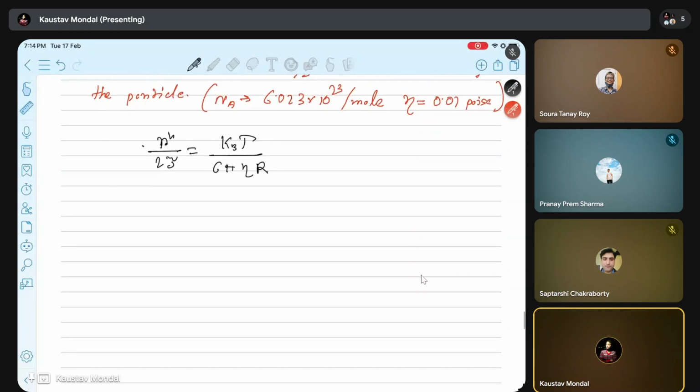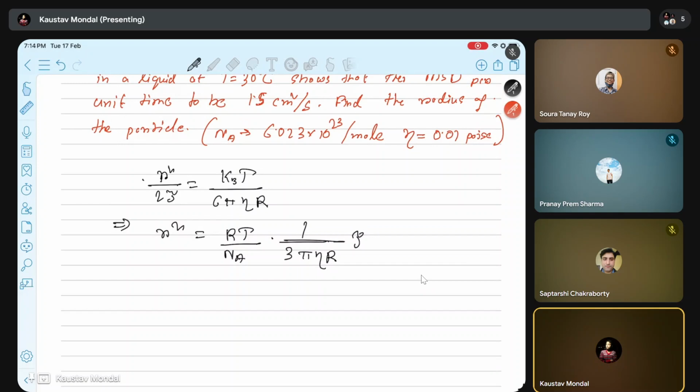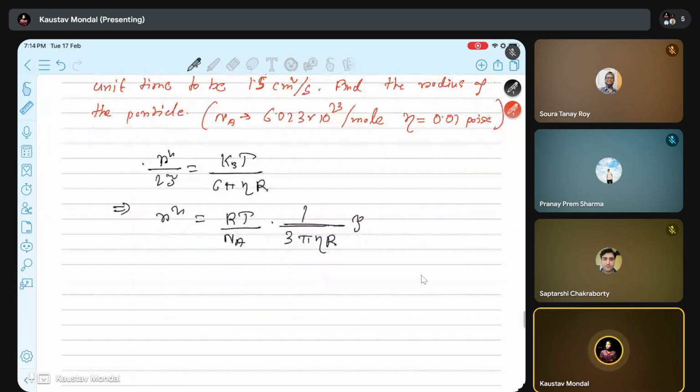Now from here you can write R square equal to RT by Na into 1 by 3 pi eta R into tau. This is the important relation, you have to always remember this relation.